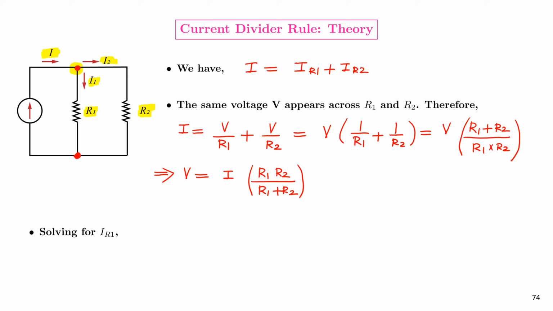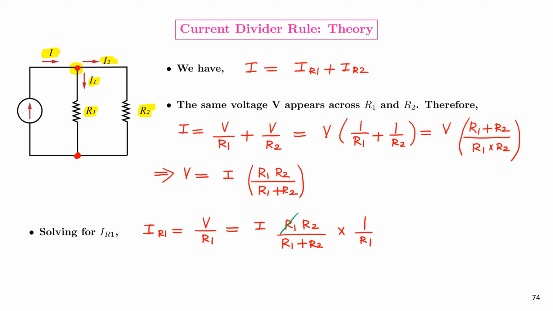Now we will solve for IR1, where IR1 is equal to V divided by R1, and that is equal to I multiplied by R1 R2 divided by R1 plus R2, multiplied by 1 over R1.